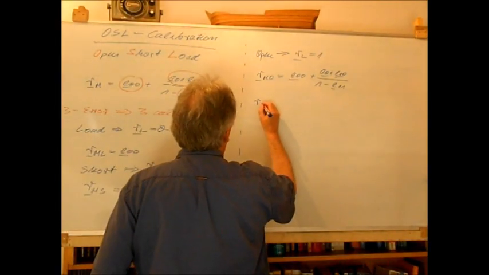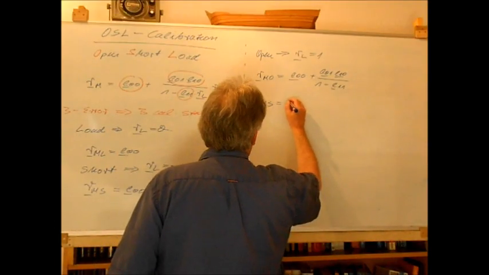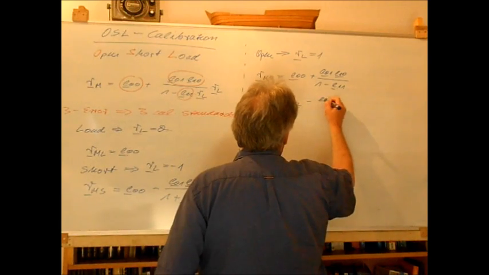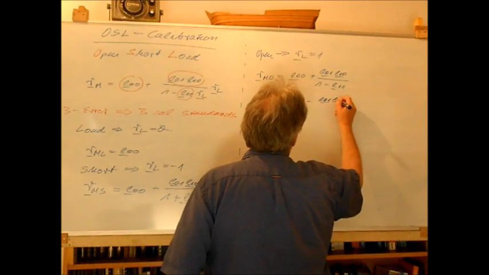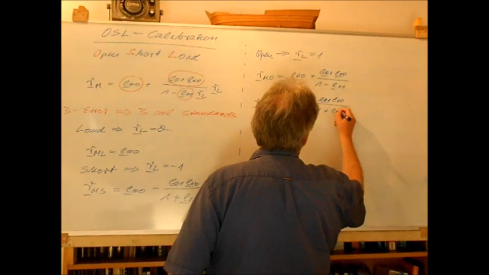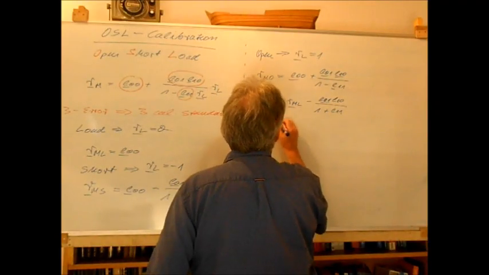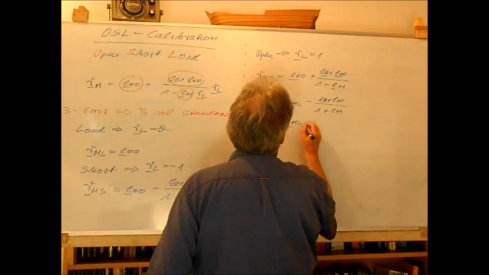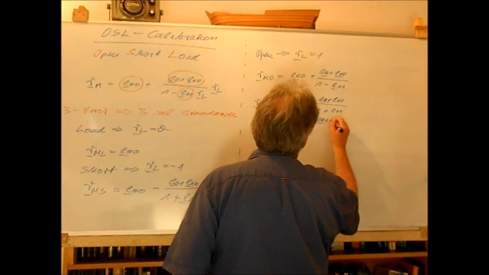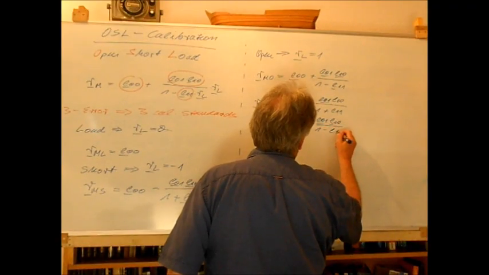So we have here RMS will be RML minus E10 times E01 divided by 1 plus E11, and we will have RMO will be RML plus E10 times E01 divided by 1 minus E11.